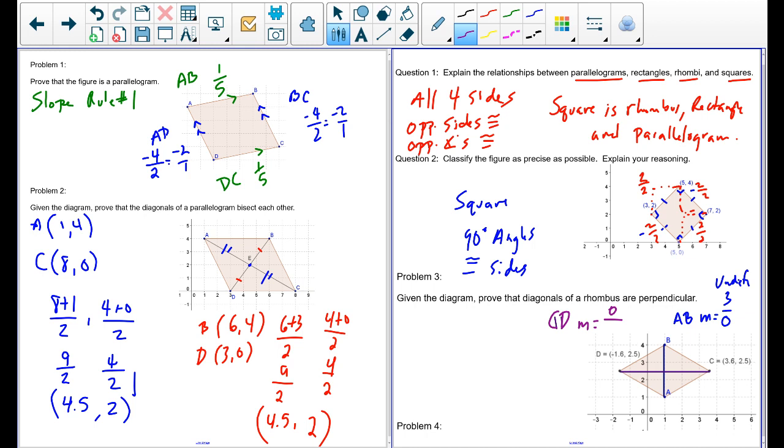It went from negative 1.6 to 3.6, or just 4. So my run is 4, right? So my slope here is 0 on top, 0, right? Now, undefined slope and 0 slope, are they perpendicular? Yeah. Yep. So undefined and 0 slope is perpendicular.